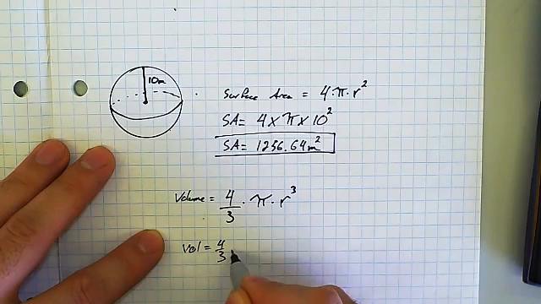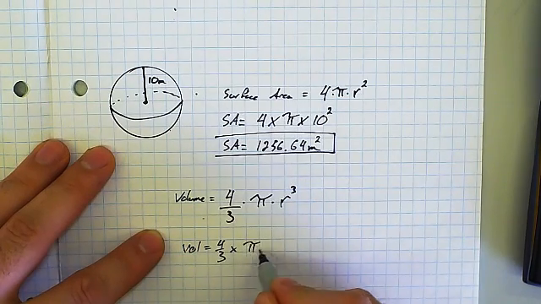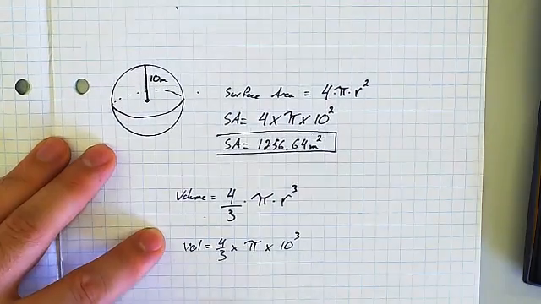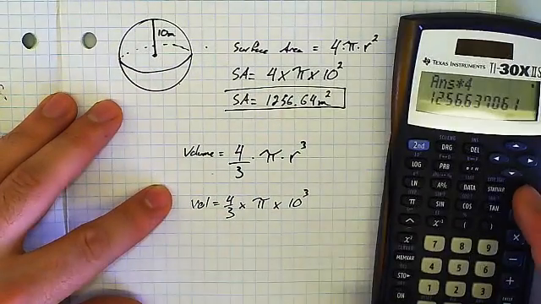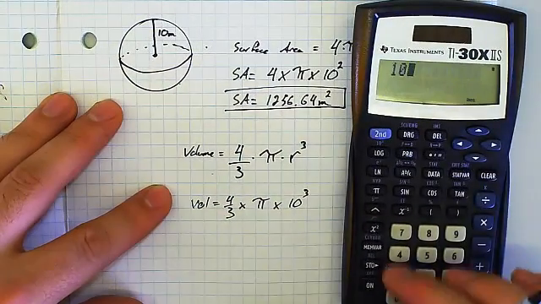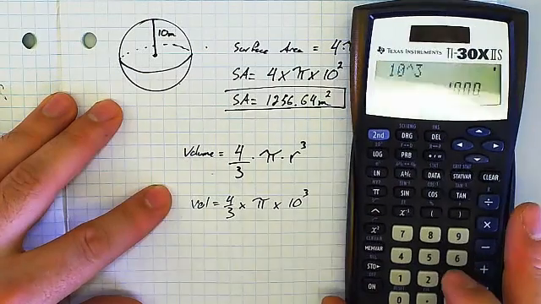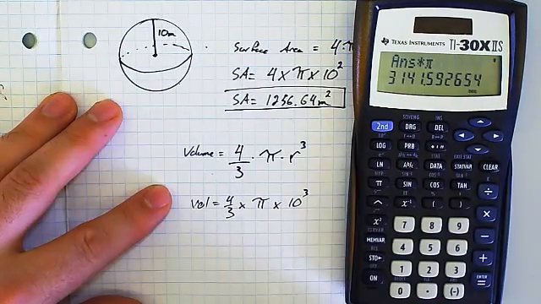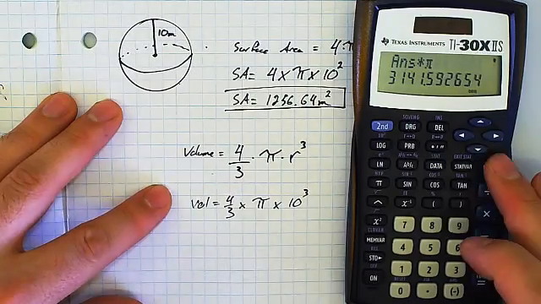For volume, it is 4 over 3 times pi times your radius, in our case 10 cubed. 10 cubed is the same thing as going 10 times 10 times 10, which should be 1,000. So 1,000 times pi is 3,141.